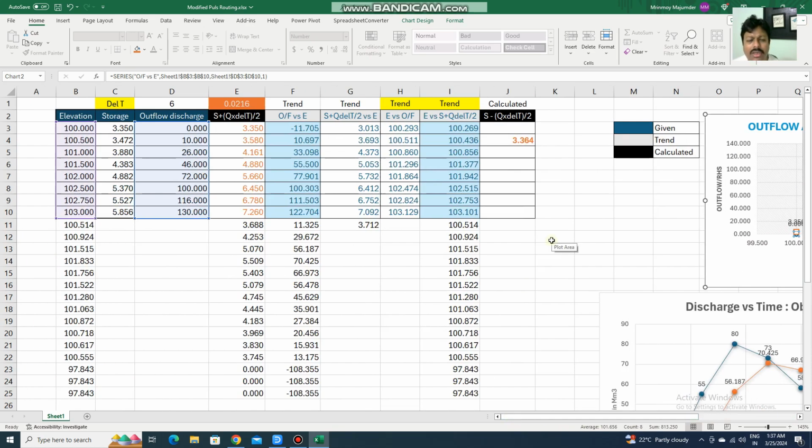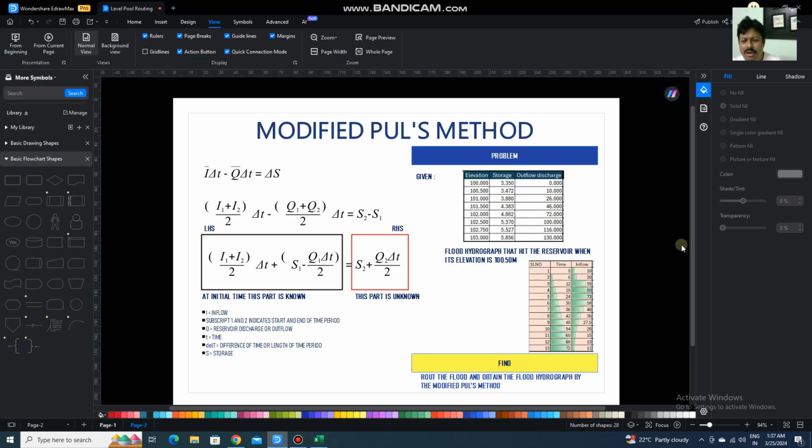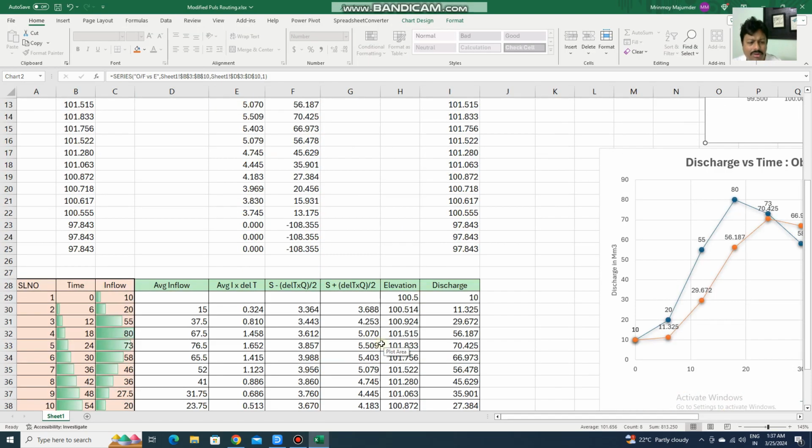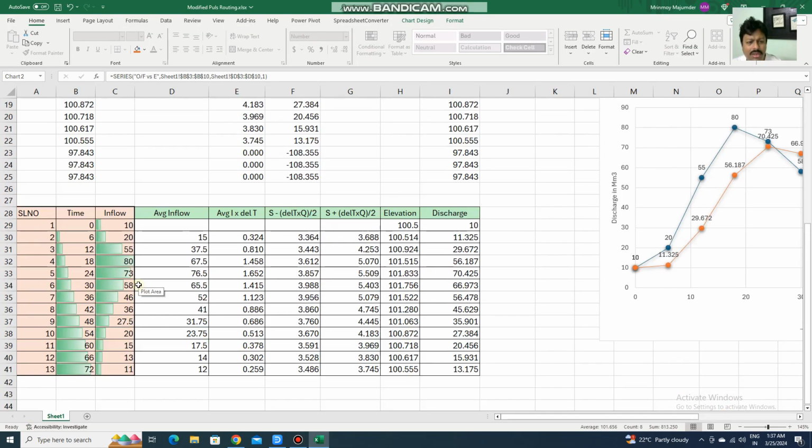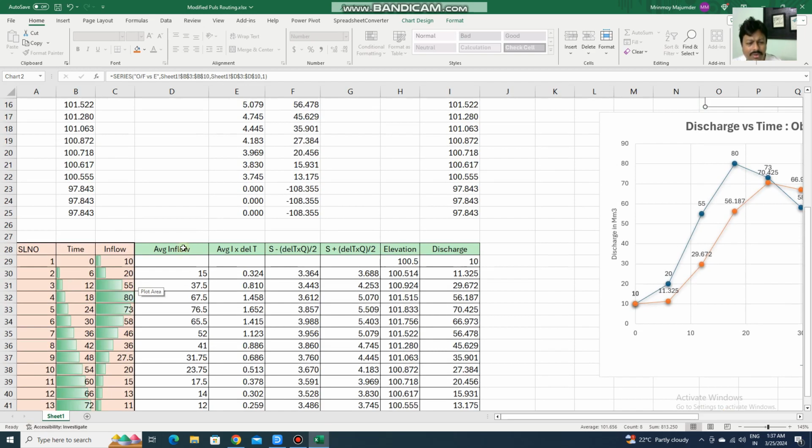and once you do it, now I come to the problem. They say that flood hydrograph hit the reservoir when the elevation is 100.5 meter. Data is given, this inflow data is given. So what we do, we draw this table. We straight away find the average inflow. Average inflow means starting time inflow plus ending time inflow divided by 2.